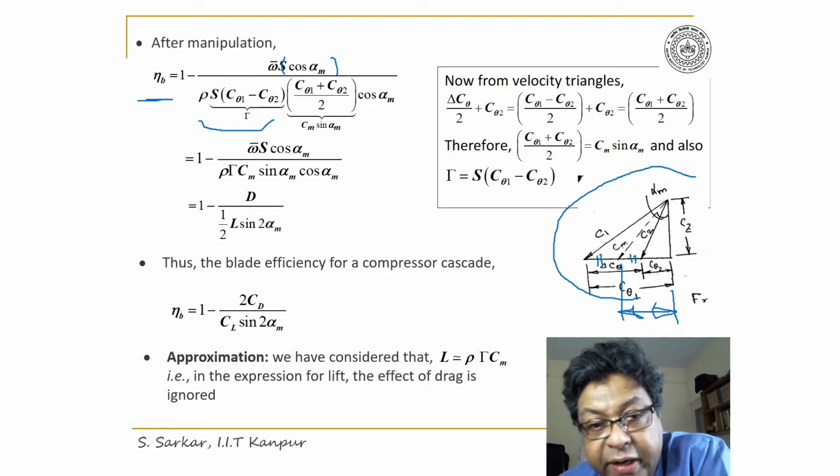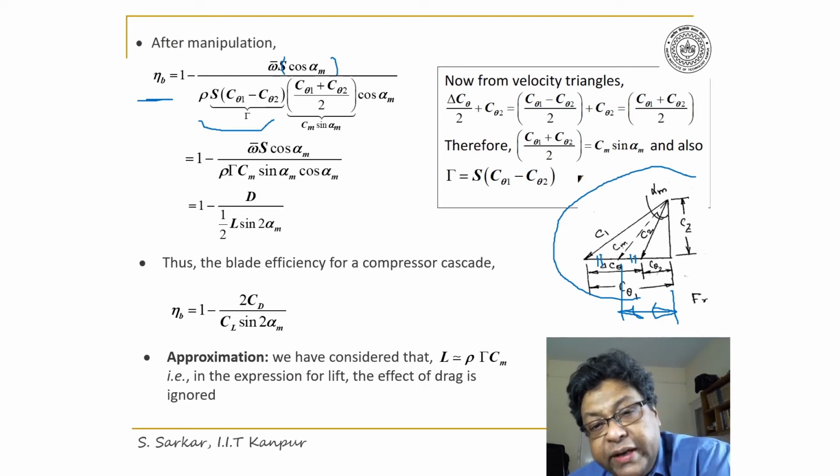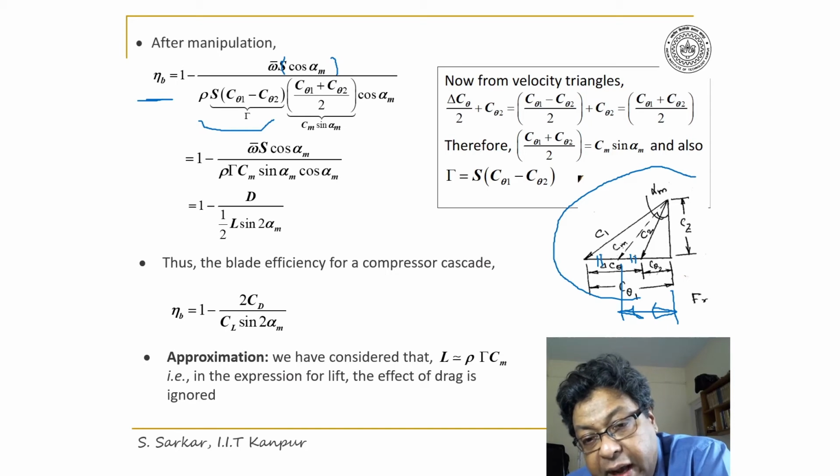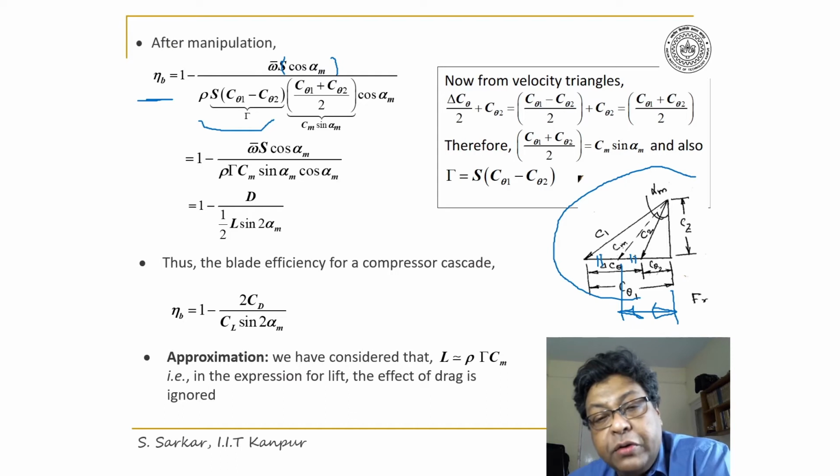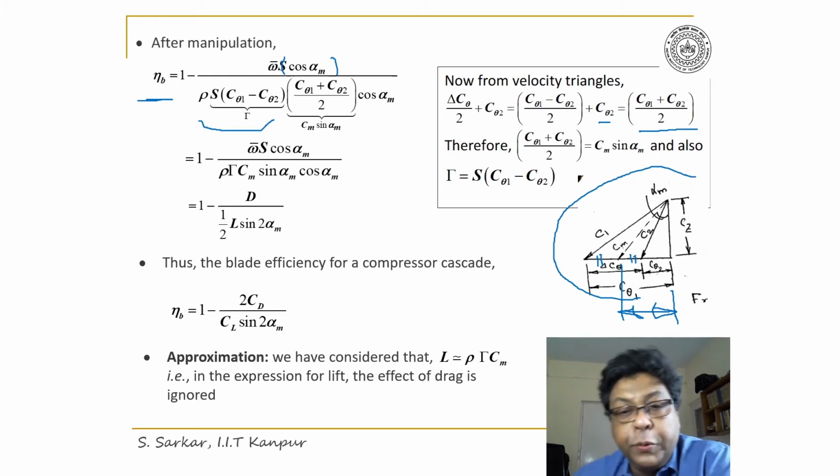That I have explained here from the velocity triangle. What I have stated: C theta 2 plus del C theta by 2 is equal to C theta 1 minus C theta 2 divided by 2 plus C theta 2. It becomes C theta 1 plus C theta 2 divided by 2.